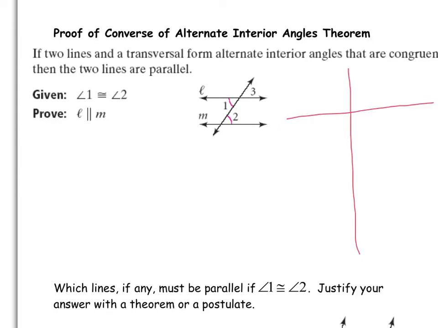If you never have a question, you'll never learn anything if you just listen to everyone else do it. Alright, so angle 1 is congruent to angle 2, because that was given to us right here. We have our statements and our reasons.